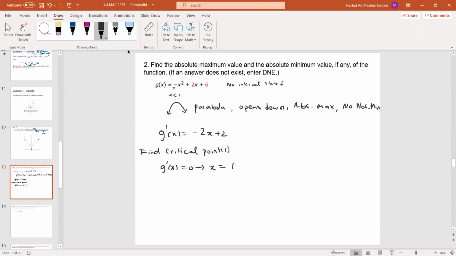To find the point, substitute back in g of x, not g prime of x, because that's where it came from. So g of 1 is 7, and that's where the absolute maximum is going to happen. That point (1, 7) is the absolute max.